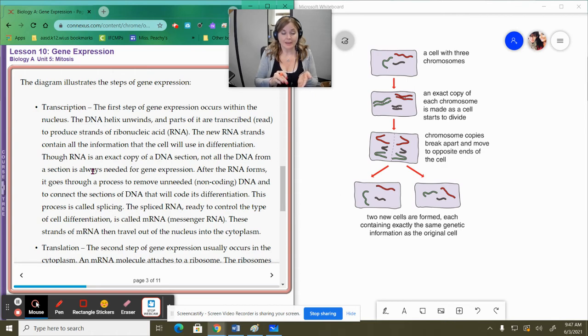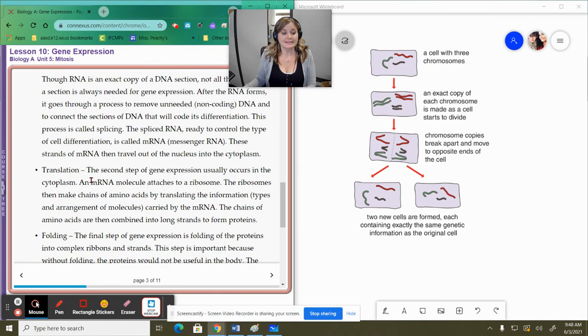Messenger RNA then moves out of the nucleus through one of the little nuclear pores, and it finds a ribosome to attach to. This is where the second step of gene expression occurs, called translation. Translation is where that messenger RNA is read 3 base pairs, or 3 nitrogenous bases, at a time. We call that 3 base sequence a codon.